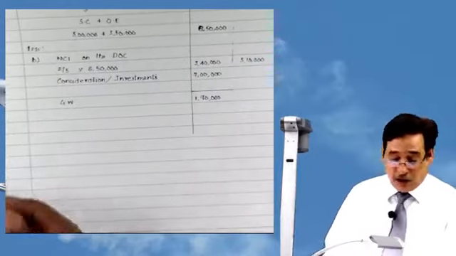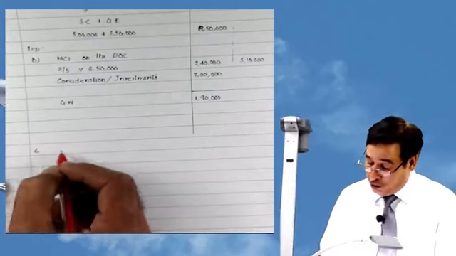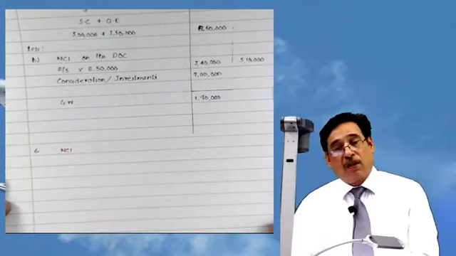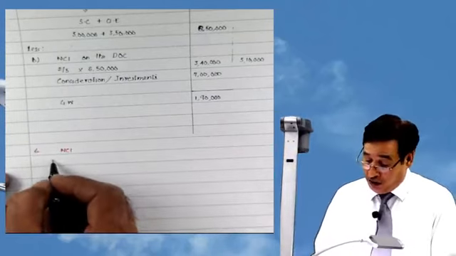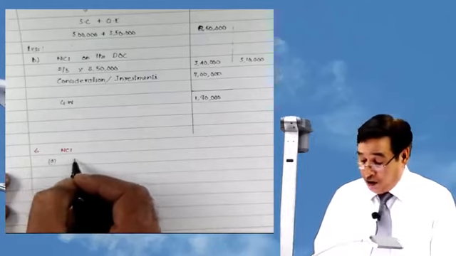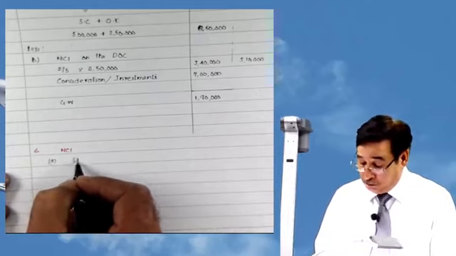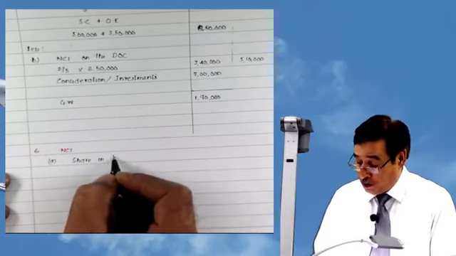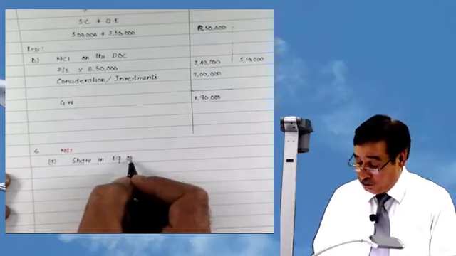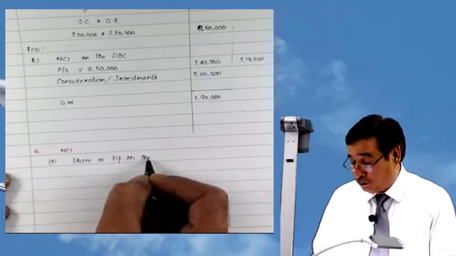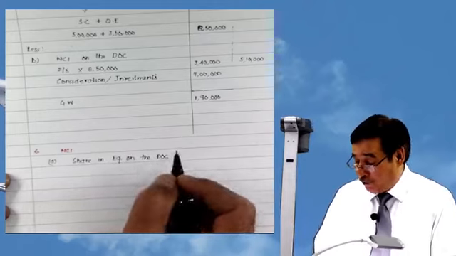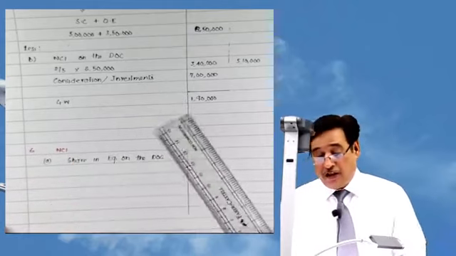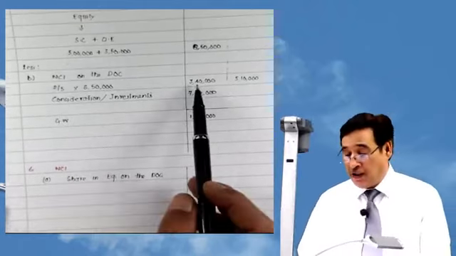Similarly, the next step. This was the fifth, now the sixth one, non-controlling interest. In order to compute the non-controlling interest, we need to write share in equity on the date of acquisition. On the date of control, the share of equity can be seen very easily from this step itself.